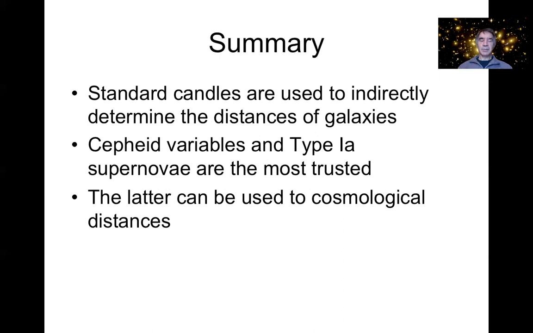Hence, that's why the teams who set up these monitoring programs for type 1A supernovae won the Nobel Prize, because they unlocked this new discovery of dark energy in the universe.